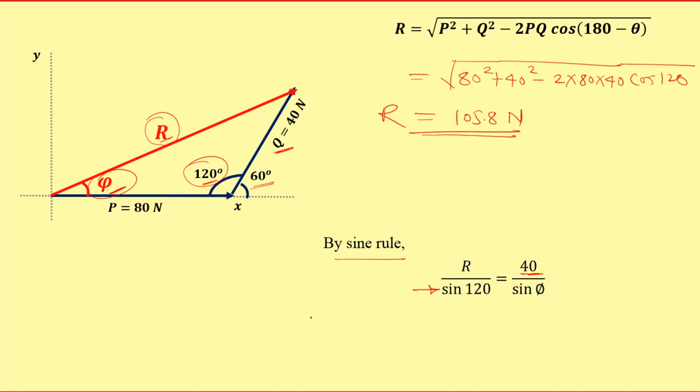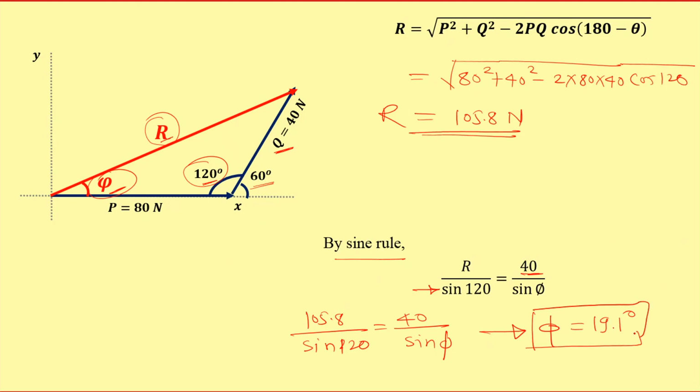So substitute the values: R is 105.8 upon sine of 120 is equal to 40 upon sine of phi. By rearranging and taking the sine inverse, you will get the value of phi as 19.1 degrees. So here you will observe that the values we are getting through the analytical method and the graphical method, by using two different methods, are exactly the same.